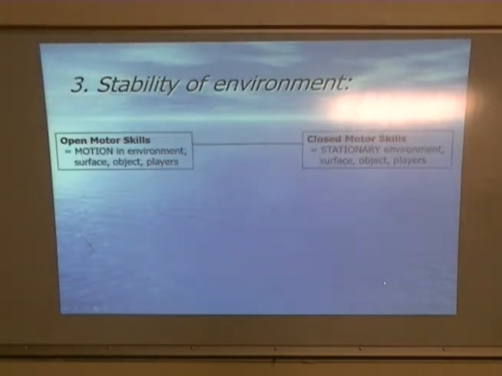And then number 3 is the one that's to do with the context. Where is the motor skill occurring? So it can be, on one end, an open motor skill. An open motor skill means that the environment is not stable, it's unpredictable, there is going to be motion in the environment, so that motion could be an object or it could be other people.